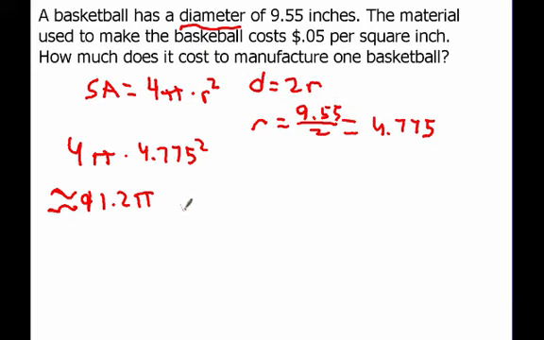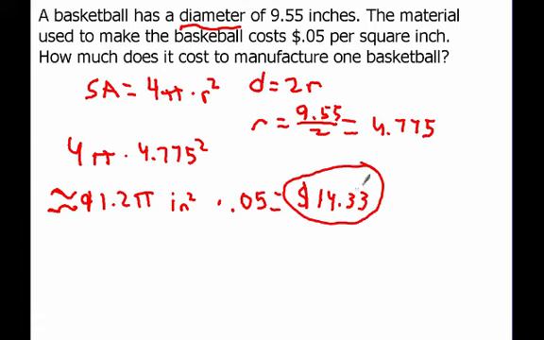Well, we know that the basketball is made up of 91.2 pi inches squared of material, and it costs 5 cents for each square inch. To find our answer, we multiply by 0.05, and we get approximately $14.33. That's how much it costs to manufacture one basketball.